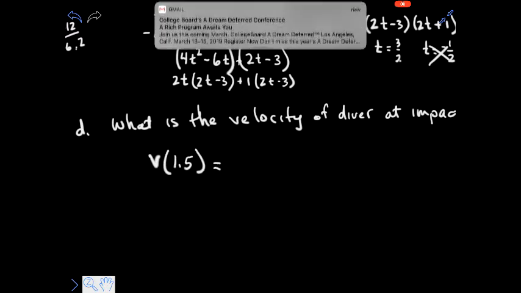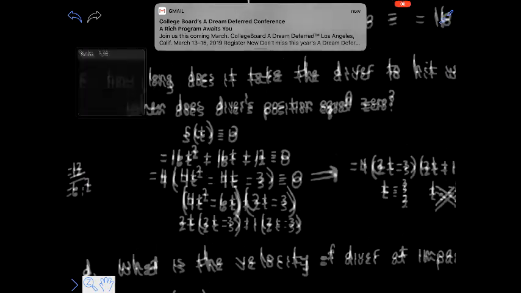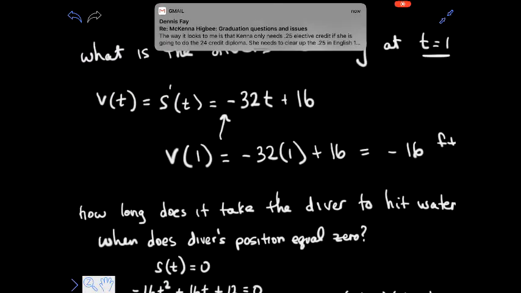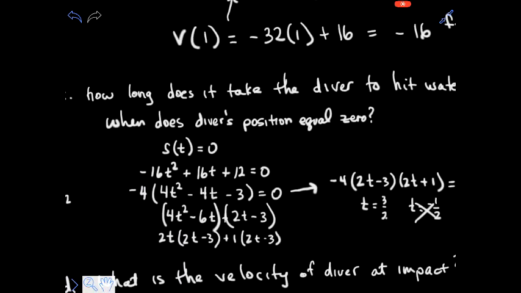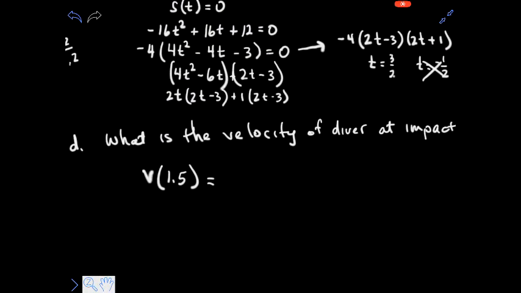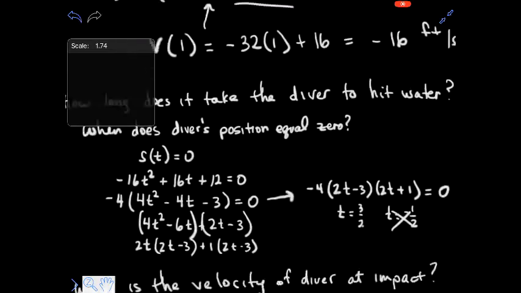We go back to the velocity function, which was here. This is the velocity function. This is negative 32 times 1.5 seconds plus 16. Make sure I got that. Plus 16, yep.